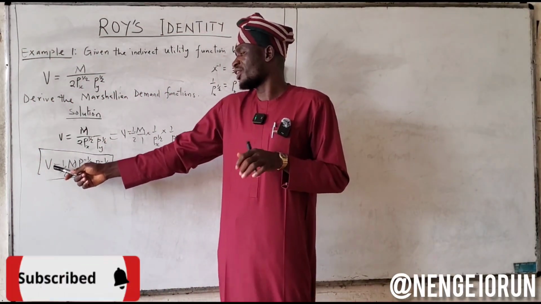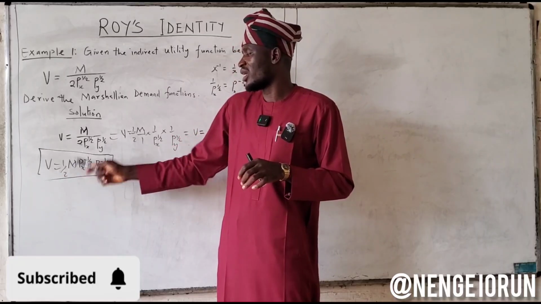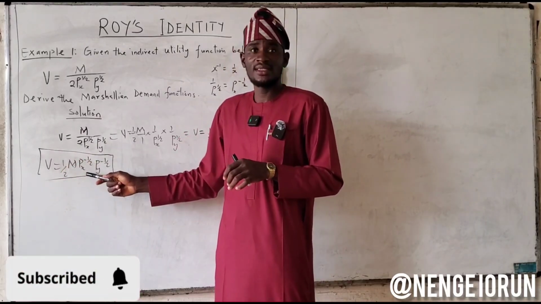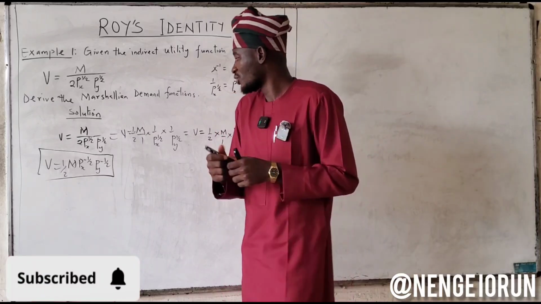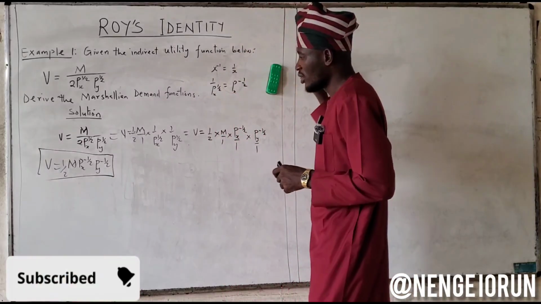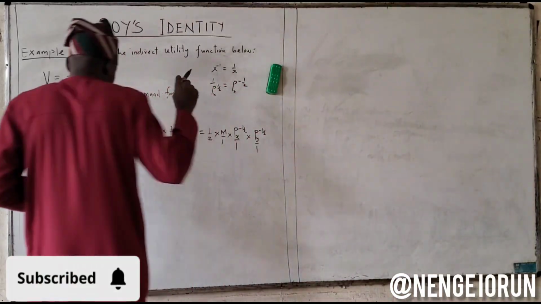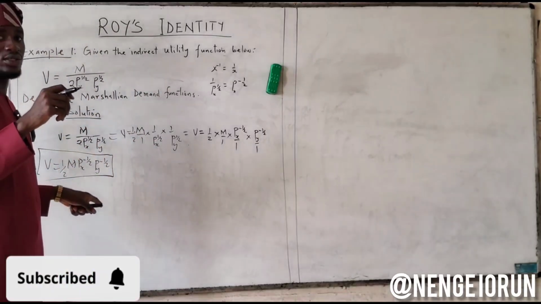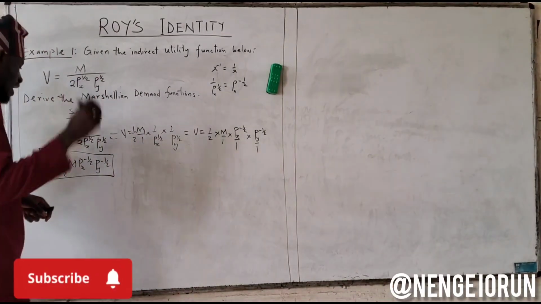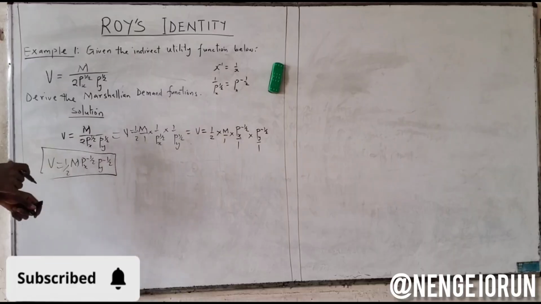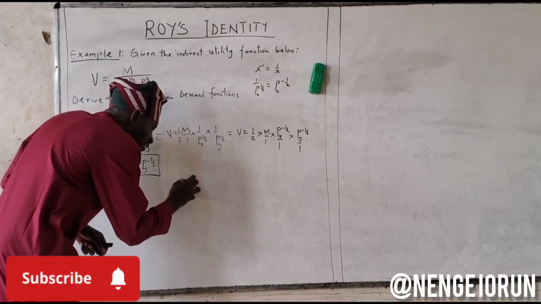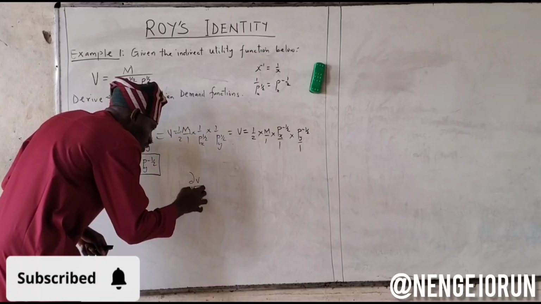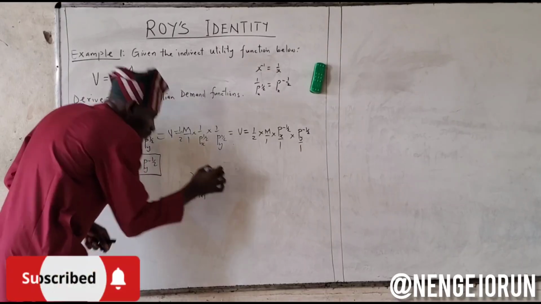Now from here, we are going to take the partial derivative of V with respect to M, with respect to Px, and with respect to Py. Now to do that, we have the partial derivative of V with respect to income.